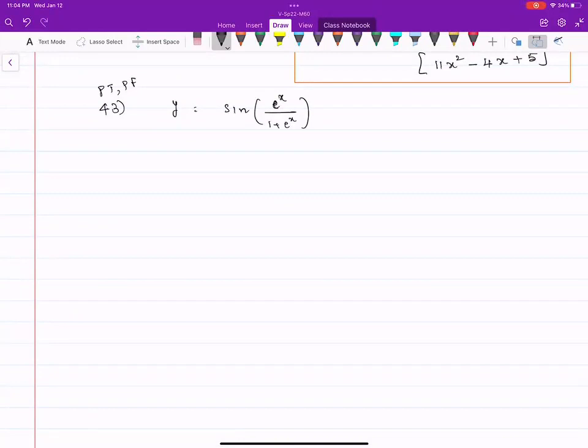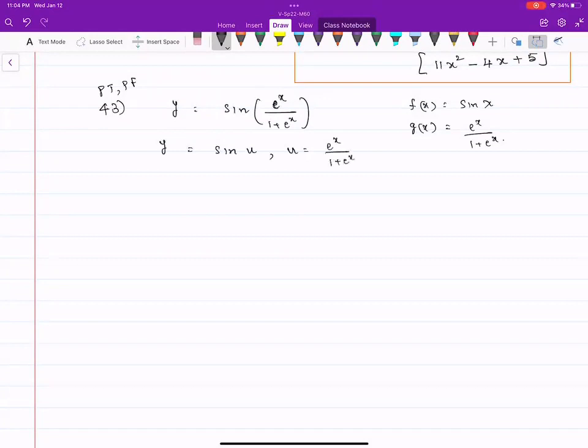So this is again a function of a function where the outside function is sine of x. The inside function is e to the x over 1 plus e to the x. So you can consider this to be sine of u, where u is the one inside the parenthesis.